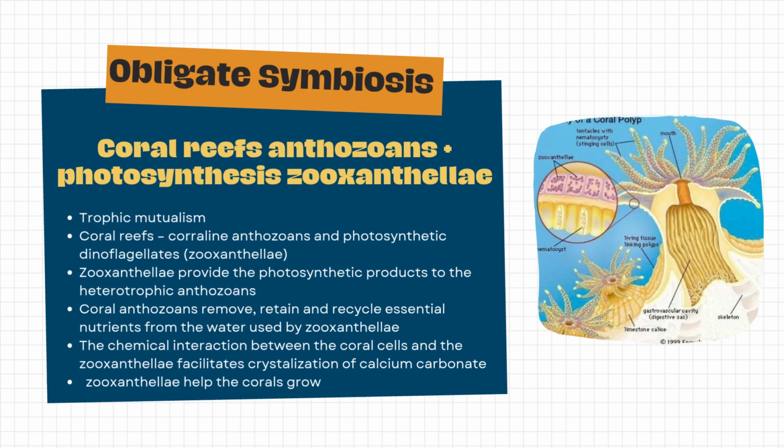The zooxanthellae provide the photosynthetic products to the heterotrophic anthozoans. The coral anthozoans remove, retain, and recycle essential nutrients from the water used by zooxanthellae. The chemical interaction between the coral cells and the zooxanthellae facilitates crystallization of calcium carbonate. The zooxanthellae help the corals grow.